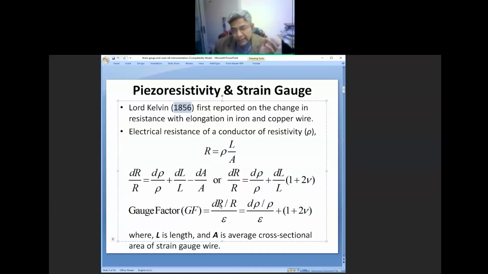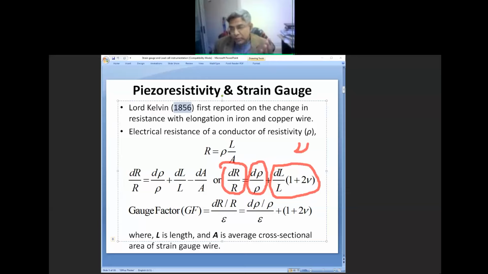The importance is that the change in resistance is proportional to the electrical property of the material as well as its geometric property, or you can say mechanical property, because Poisson's ratio is a mechanical property of a material. So the change in resistance depends on electrical property as well as mechanical property, or, because length is also involved, geometric property also.